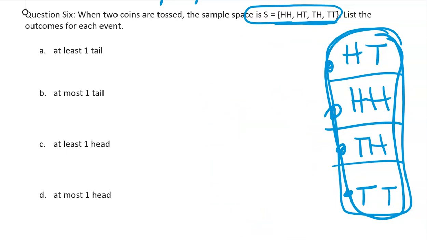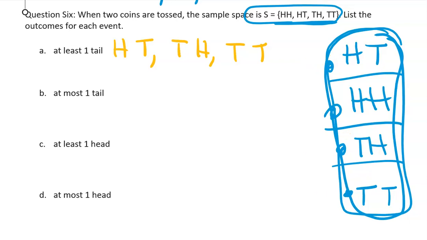All right, so at least one tail. Which one of these has at least one tail? Well, this one does. Heads, heads does not. That one does, and that one does. So these are my 3 options here. So if I wanted at least one tails, that means I could flip heads, tails, tails, heads, or tails, tails. At most one tail. So that means that I can't have any more than one tail.